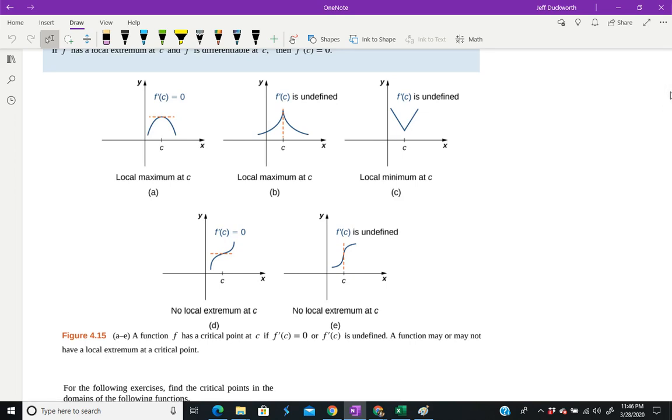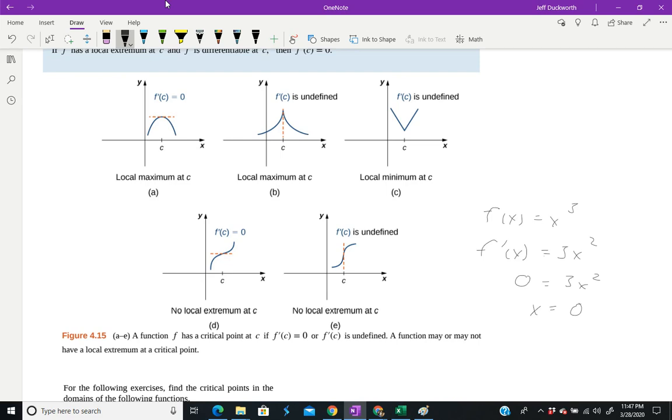Let's give it a try here. So x cubed, we take the derivative of x cubed, it's 3x squared. So it goes through 0. So in fact, when this equals 0, we have 3x squared, which means that x has to equal 0.